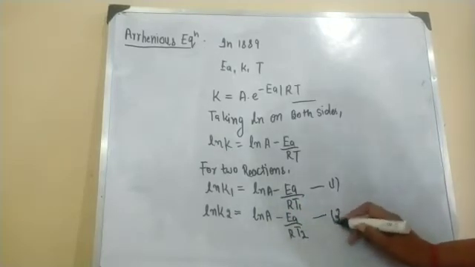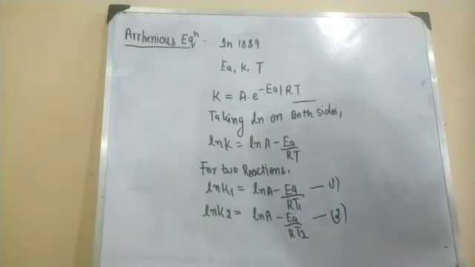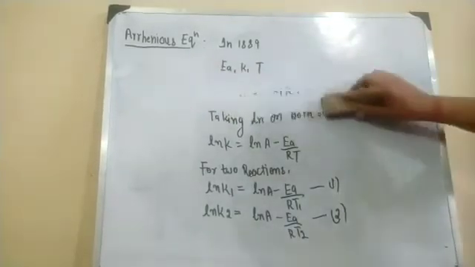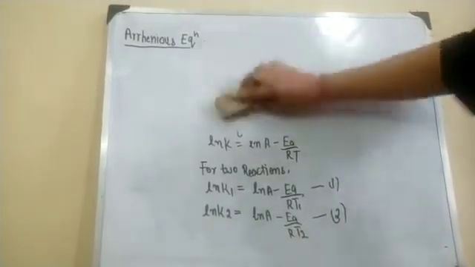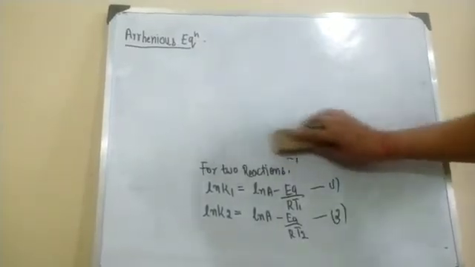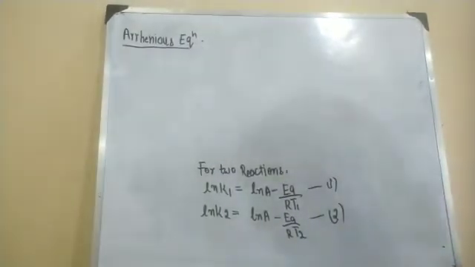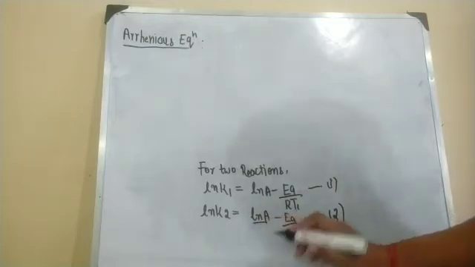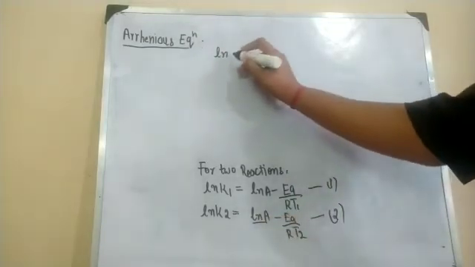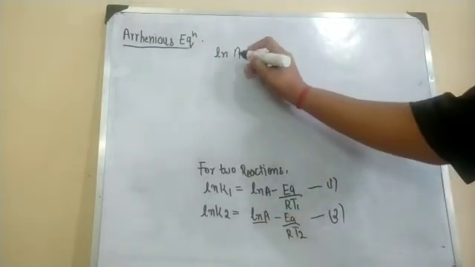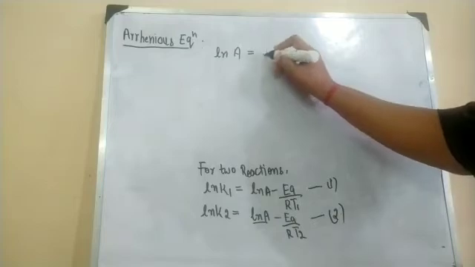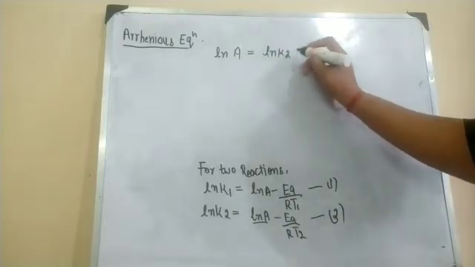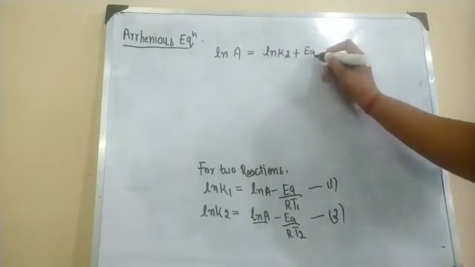Right? These are the two equations for two different temperatures, T1 and T2, and for two different rate constants K1 and K2. Now I will combine these. For combining them, first I will write the value of ln A. So from equation 2, the value of ln A will become ln K2 plus EA by RT2.